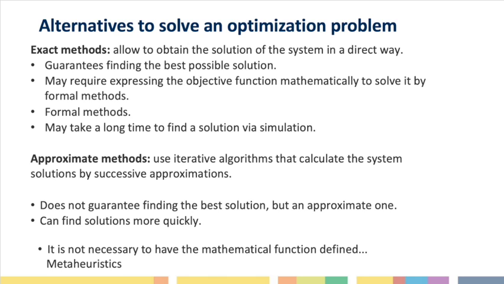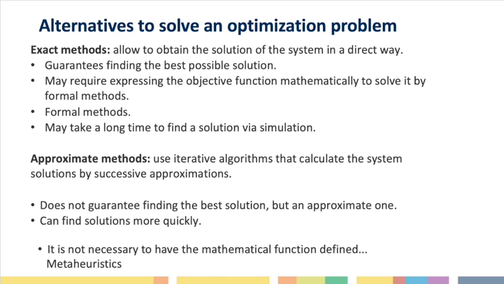Because many times we need to give an answer basically in real time. So we could not solve that with exact methods. We would need too much time to do that. And another advantage is that it's not necessary to define a mathematical function. These methods usually explore the solutions that are candidates to have a better potential.